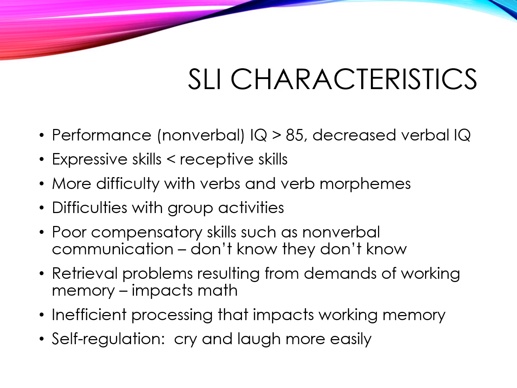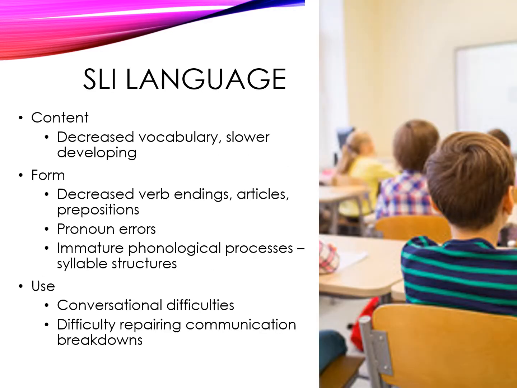Their self-awareness skills are known to not be as good as typically developing children. They also have retrieval problems and inefficient processing, which are tied into working memory capabilities. Lastly, these children will have more self-regulation difficulties, where they seem to have what we call emotional lability, where they cry and they laugh more easily.